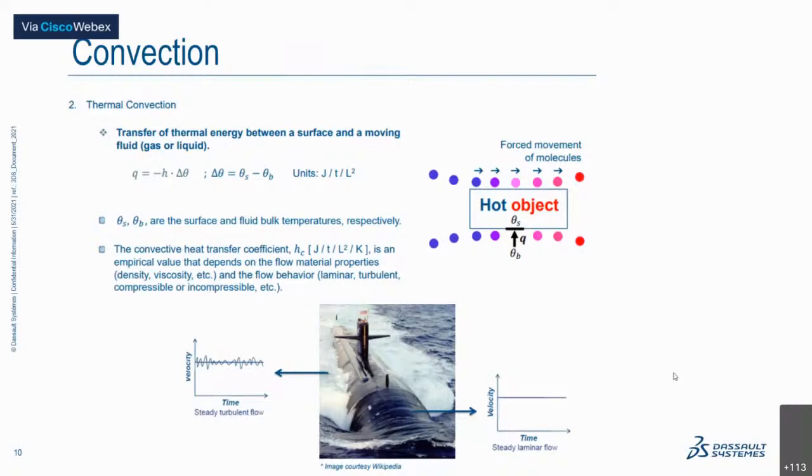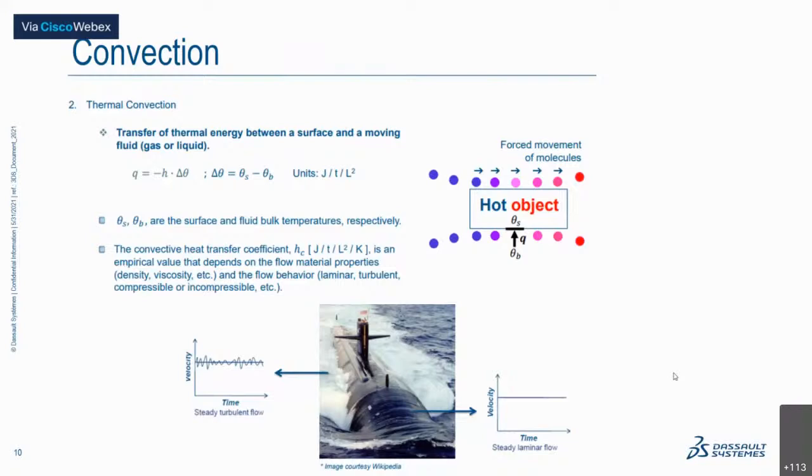And the value could be negative or positive based on the convention you're following. One more thing to note is the convective heat transfer coefficient. It mainly depends on the flow materials like density and viscosity and the flow behavior. So if the flow behavior is laminar, turbulent, compressible or incompressible, then that will also be accounted for when you're working on a convection type of heat transfer.